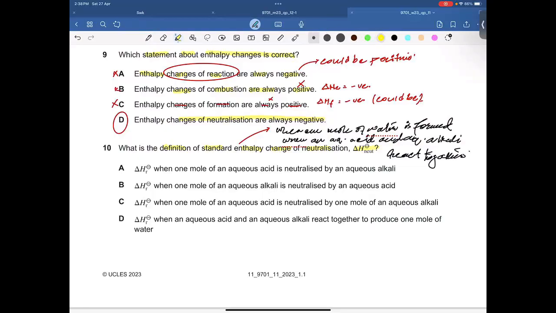So on the basis of that, when 1 mole of aqueous acid is neutralized by aqueous alkali, no. 1 mole of water should be formed.